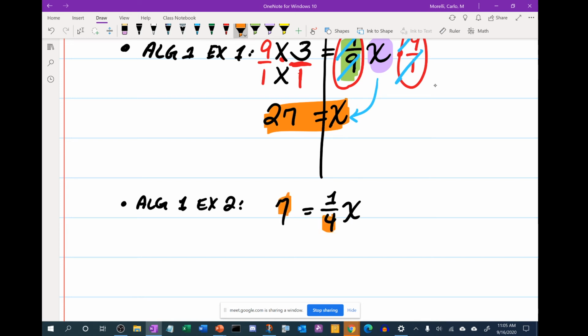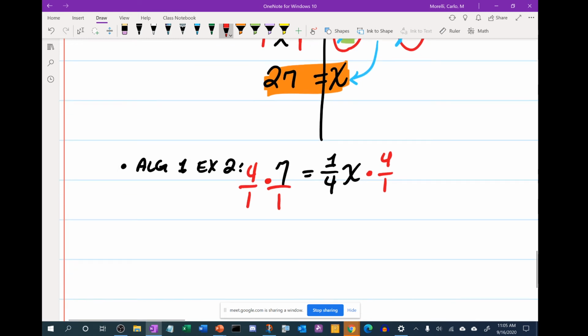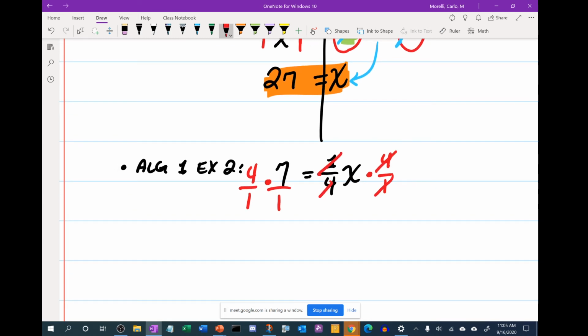Boom. 4 times 7 divided by 1. Let's show the work, though. So that was just a little fun. We multiply by the reciprocal of 1 over 4. We know that these all cancel out, leaving x by itself. So I have x equal to 4 times 7, which is 28.